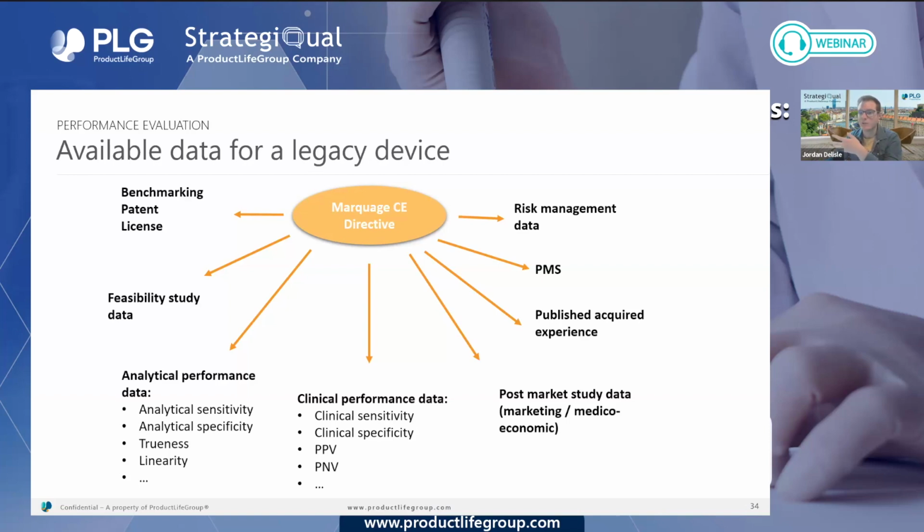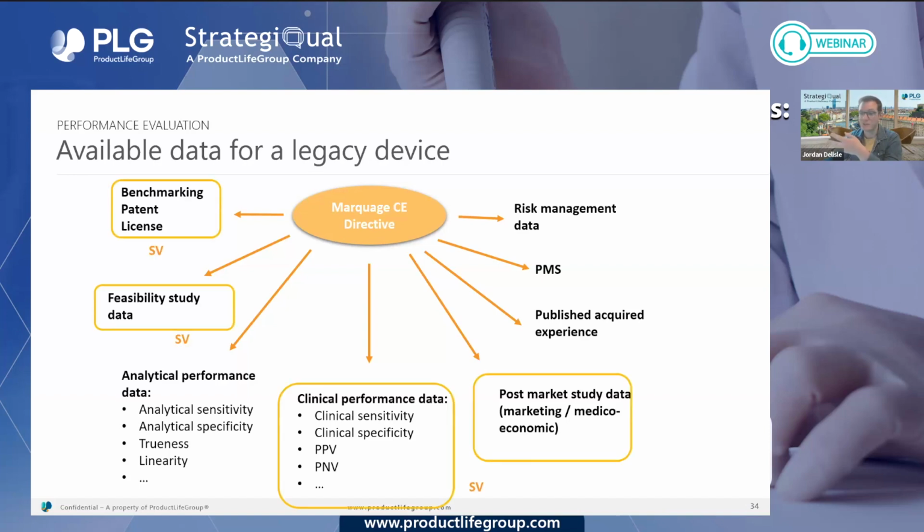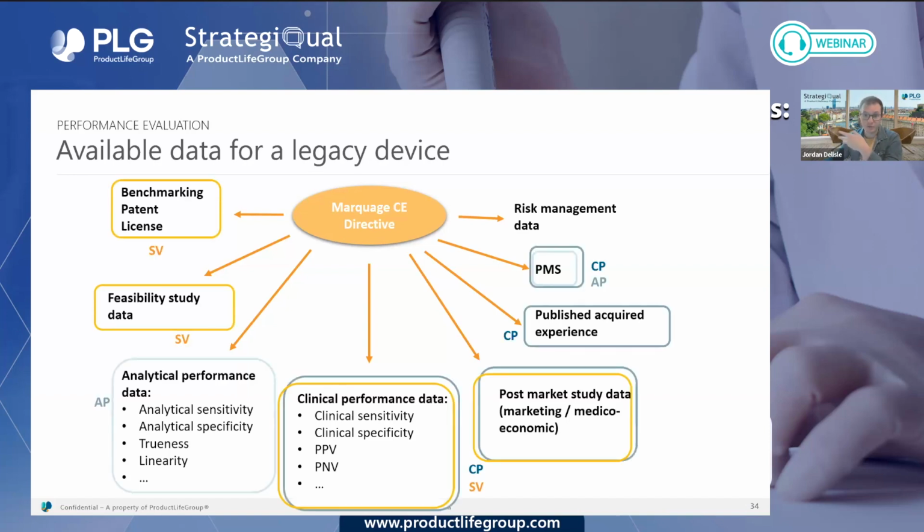In fact, as we can see from this diagram, the data at our disposal can, a priori, support scientific validity, analytical performance, and clinical performance, as well as compliance with GSPR.